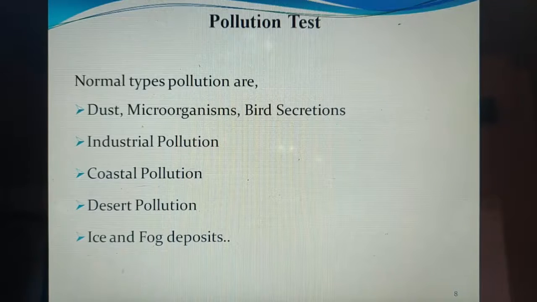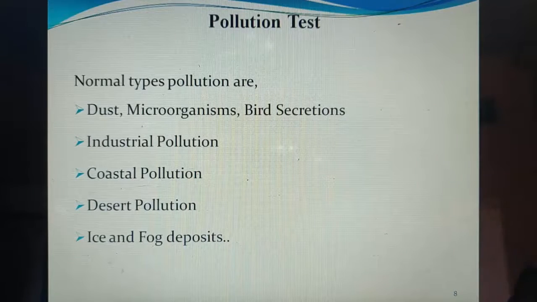If flashover occurs within a specified time, then the test is repeated with a fog of lower salinity. If flashover occurs before that time, we reduce the salinity of the water.